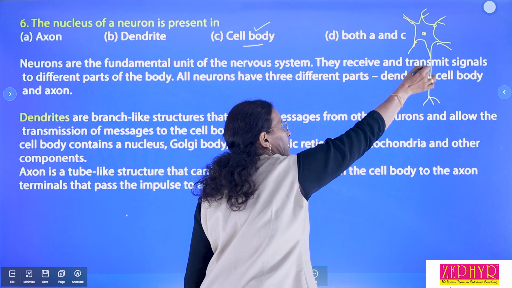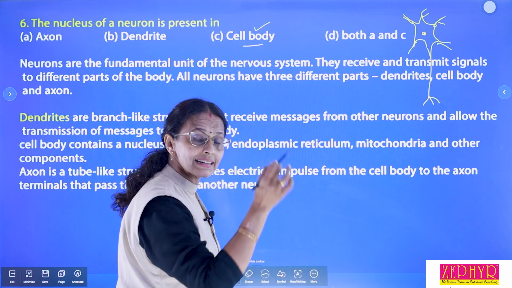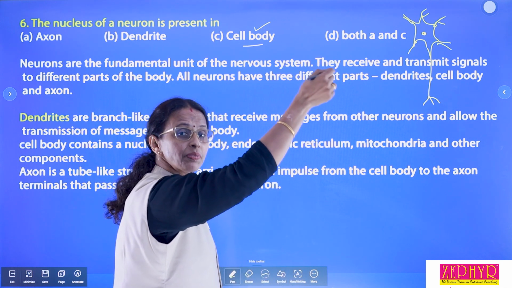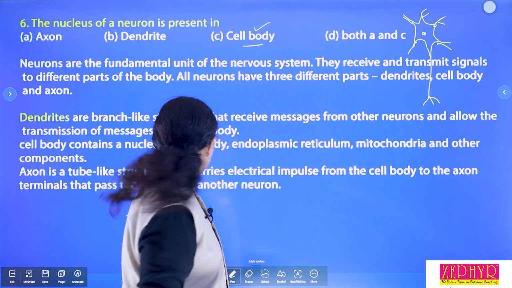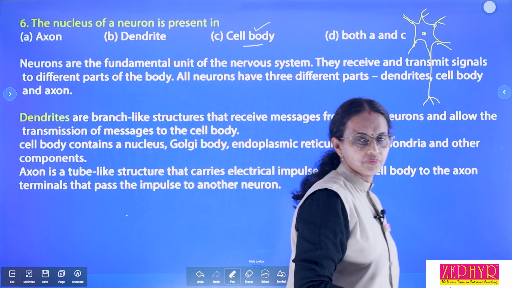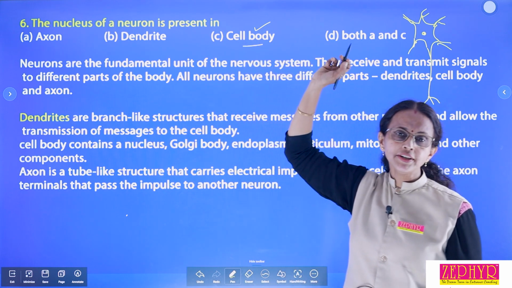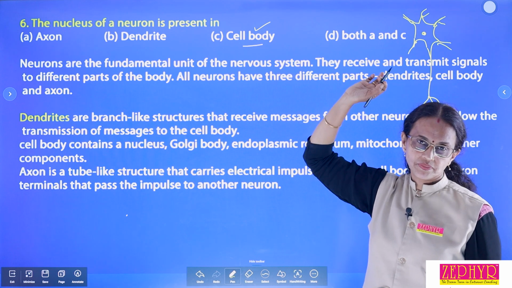Here this part is the axon, tube-like structure. Answer is cell body. Cell body contains nucleus.